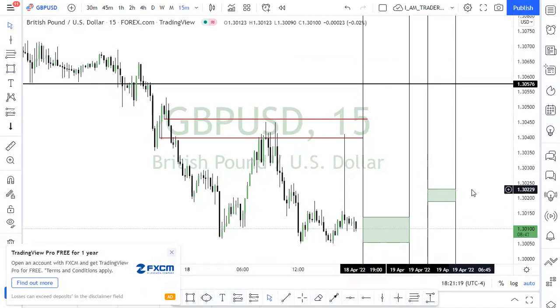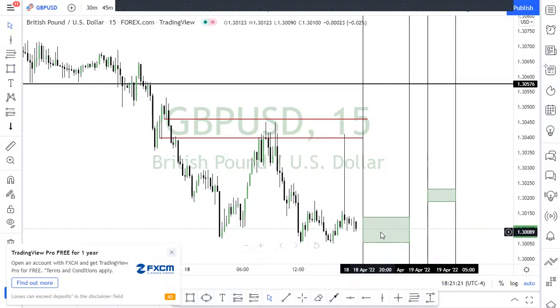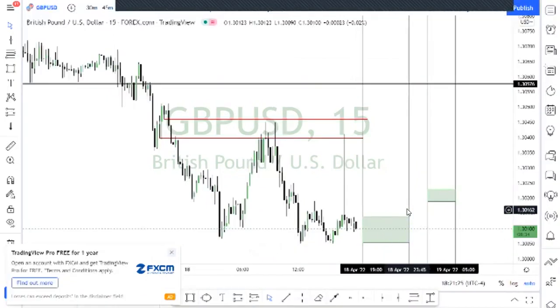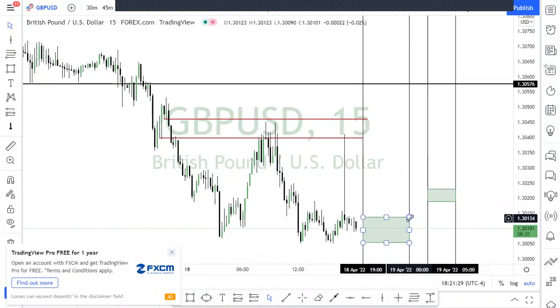So if tomorrow is going to sell and we have the Asian range high here, once it is midnight in New York, the opening price in New York time, we should see at least one standard deviation of the Asian range or two standard deviations of the Asian range.